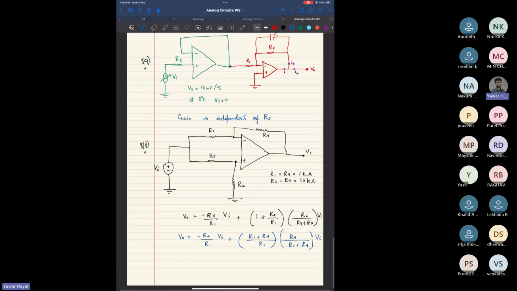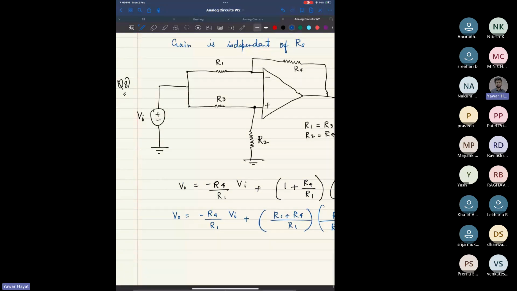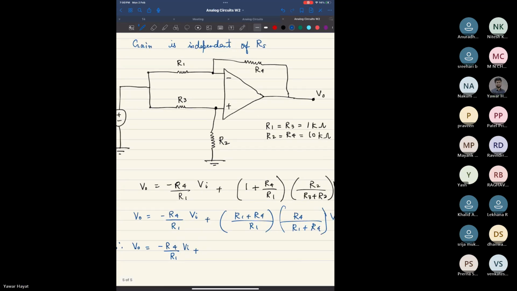If you use this, following is the V output that you will get: minus R4 by R1 times Vi plus R1 plus R4 by R1 times the same factor.